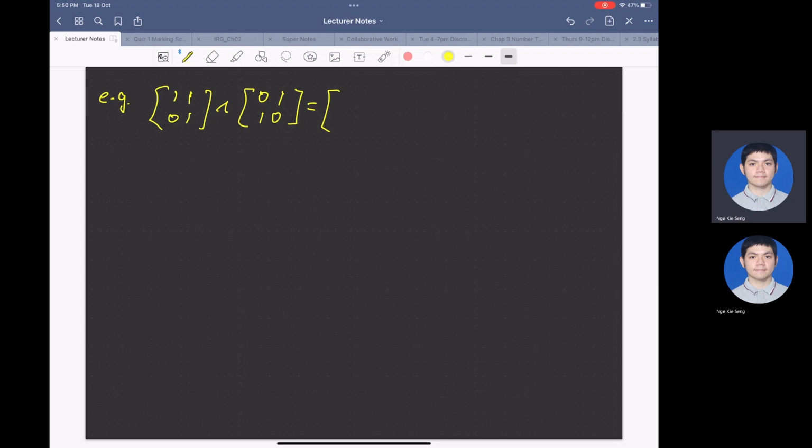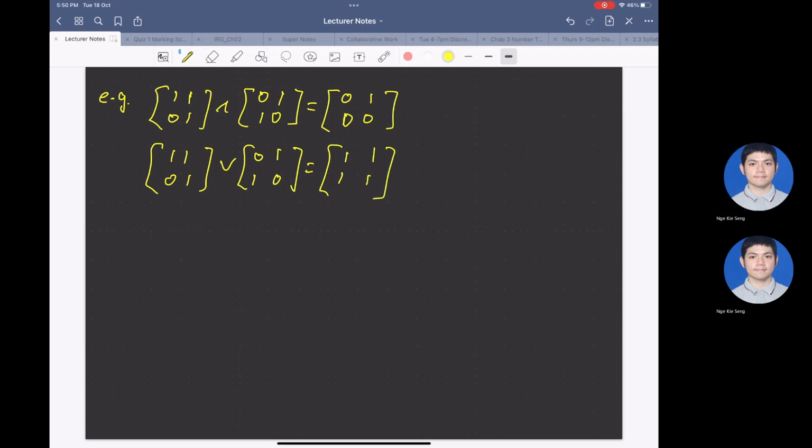So what is this? 1 and 0 is 0, 1 and 1 is 1, 0 and 1 is 0, 1 and 0 is 0. And then the other is the join: 0 or 1, 0 or 1, 1 or 0, 1 or 1, 0 or 1.